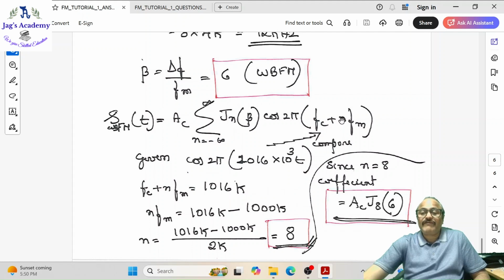If you get the n value from this, then you can find the coefficient Ac into J8 of beta. Beta is given, n you have to find out. So n you get from here, and the coefficient corresponding to this particular term in this equation is going to be Ac into J8 of 6. Right? So you have to redo this question in the book, then only you will be able to understand this.